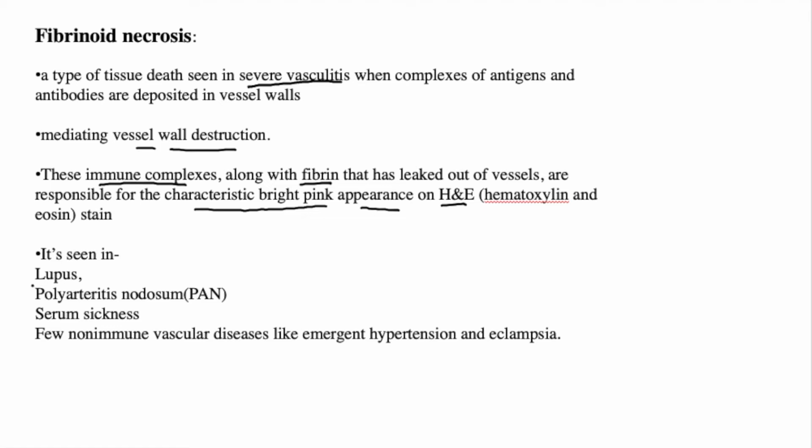So fibrinoid necrosis can be seen where? It can be seen in lupus, as part of SLE, in polyarteritis nodosa, serum sickness, and a few other non-immune vascular diseases such as severe preeclampsia or eclampsia and malignant hypertension, right?